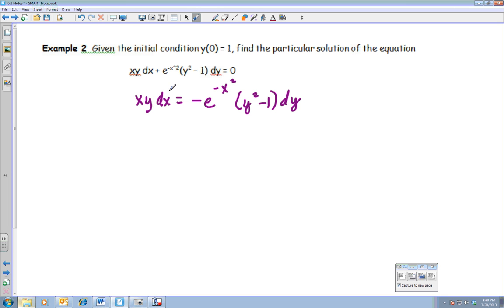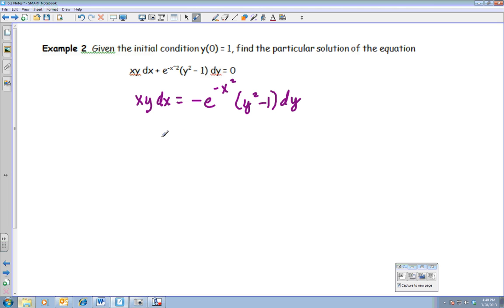Okay, so we know this side can only have x's, this side can only have y's because I'm matching it up with the dy and the dx. All right, so the first thing I'm going to do is get rid of this y. And on the same step, I'm going to get rid of this because it has an x with it. So I'm going to divide by y, and I'm going to divide by negative e to the negative x squared.